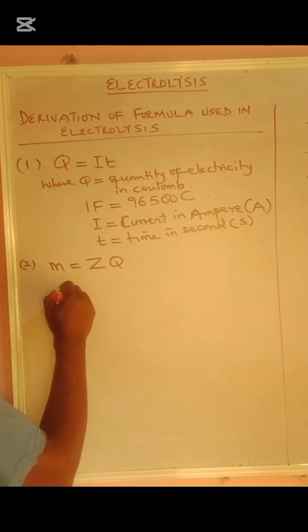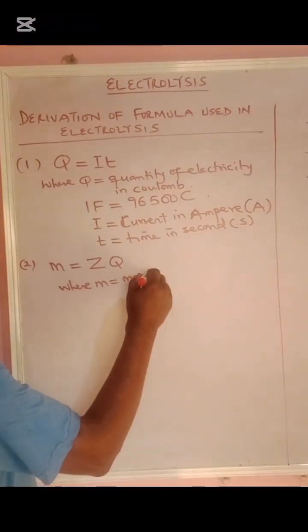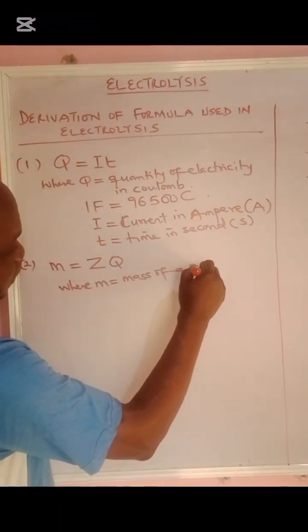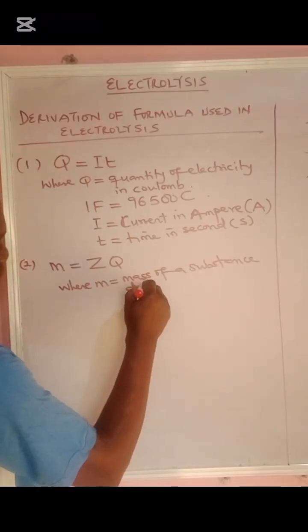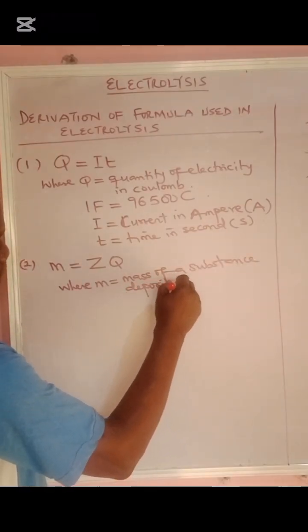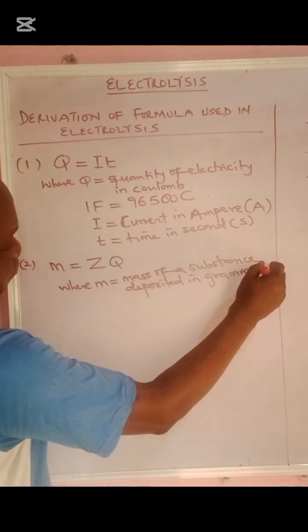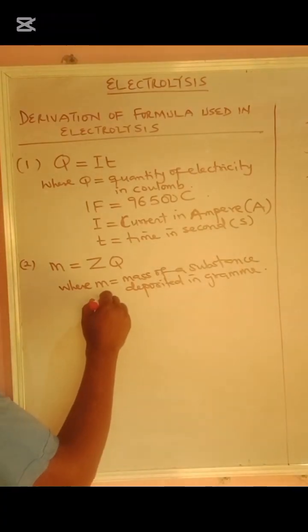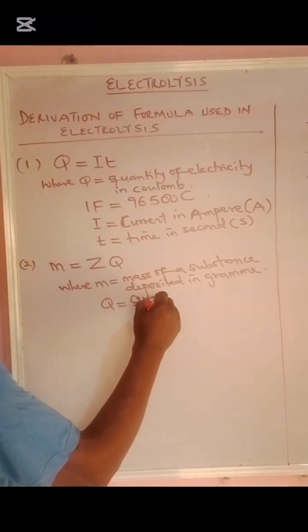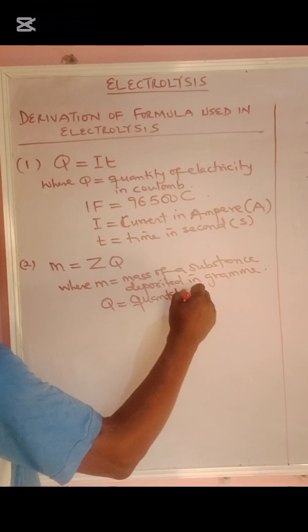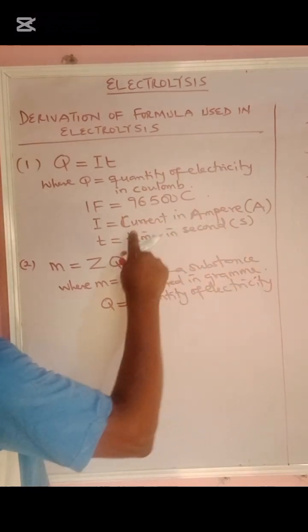So where M is equals to mass of a substance deposited, usually in gram, while Q still remains quantity of electricity still in coulomb.